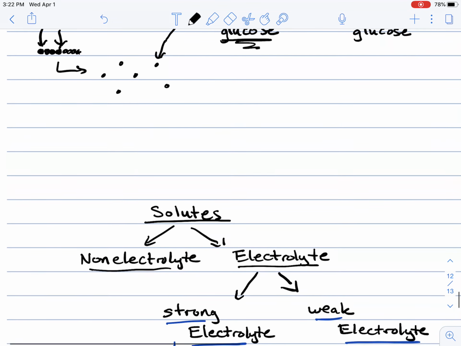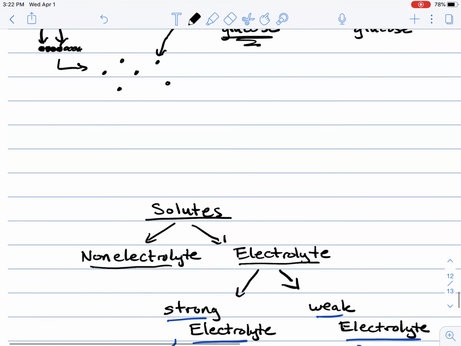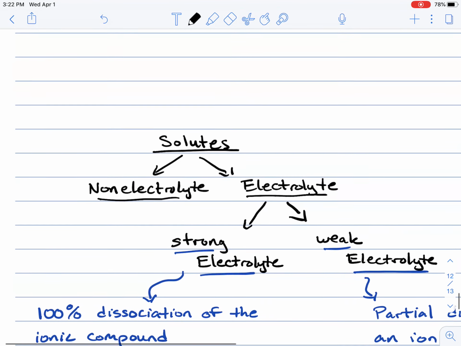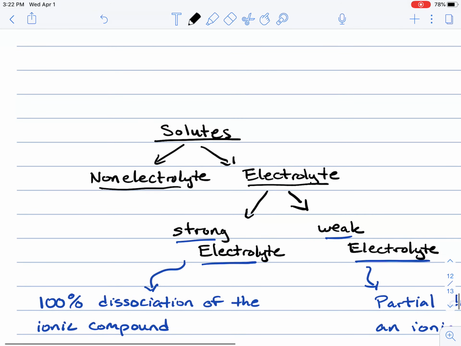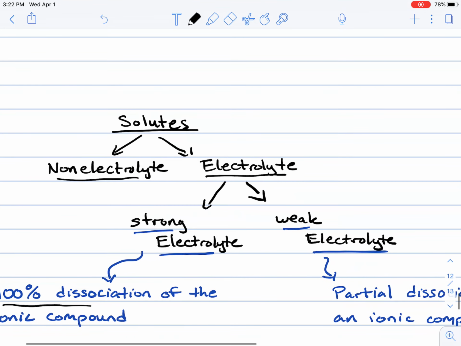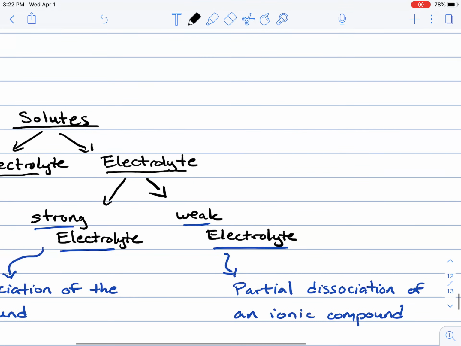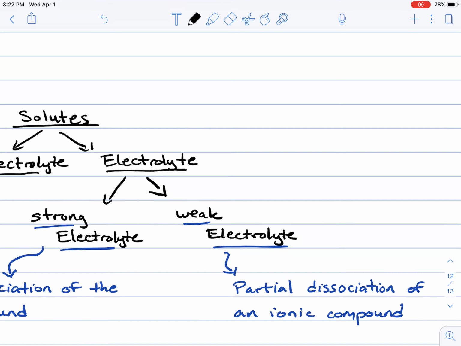For example, we can have a strong electrolyte and a weak electrolyte. A strong electrolyte is an ionic compound that dissociates 100%, whereas a weak electrolyte is a partial dissociation of that ionic compound.